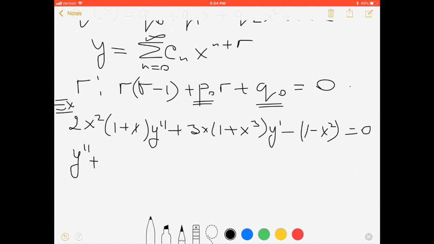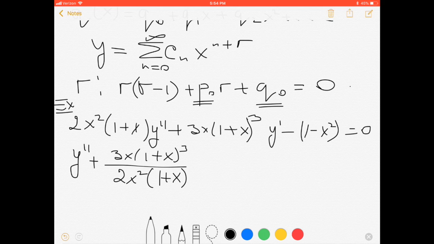Just a moment, I think I made a mistake here: it's 1 plus x all cubed, not 1 plus x cubed. It's no big deal. What we have here is 3x (1 plus x) cubed divided by 2x squared (1 plus x), so we cancel it here and there. I write this in a different color so you can see what I did.